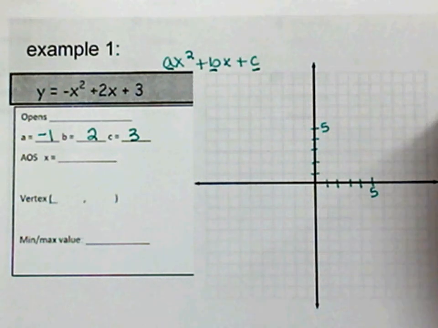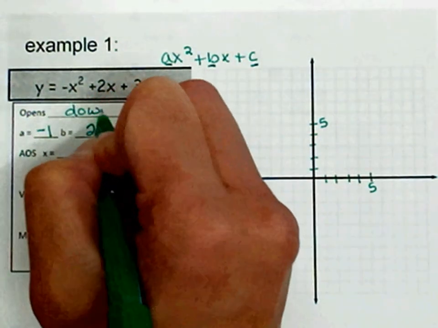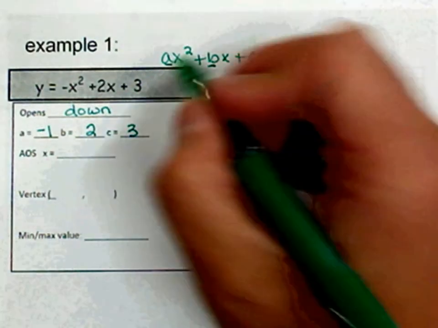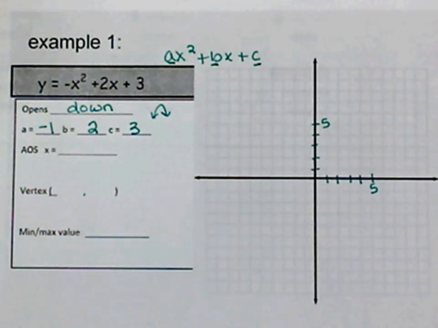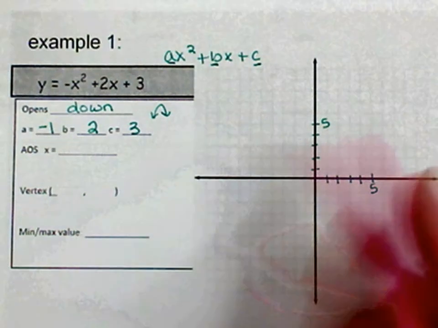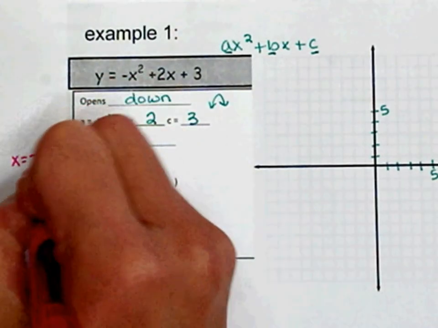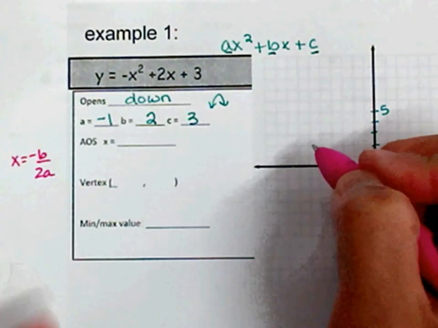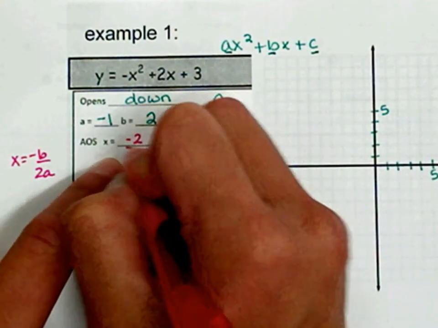See how this is negative? So this is going to open down. So your parabola is going to look like this. For your axis of symmetry, you're going to use this formula. Remember the formula? It's x equals -b over 2a. So x equals -2 over 2 times -1.